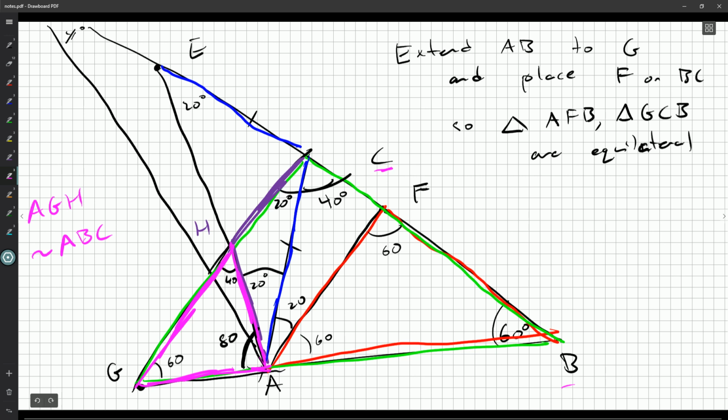I'm seeing a lot of 20s. Makes me think that there's a reason they gave me 40, 60, 20, an arithmetic sequence, they all differ by 20 degrees. Is there anything else that we can see that might immediately jump out at us?